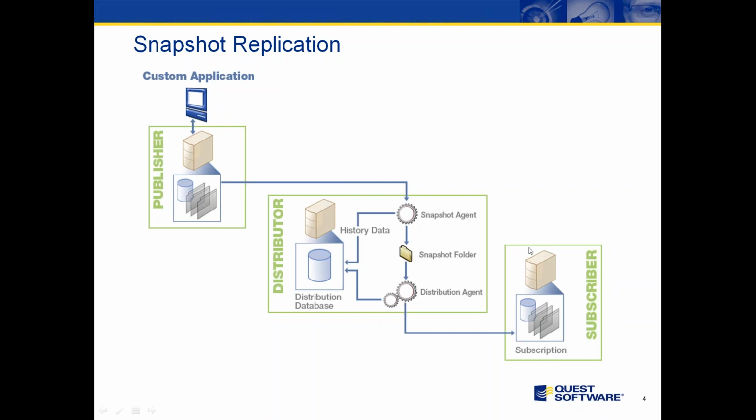But for all the types of replications, only in between, on the distributor side, the changes will happen. For snapshot replication, once you decide what tables you want to add to replication and you set up a snapshot replication, a snapshot agent will be created on your distributor server.